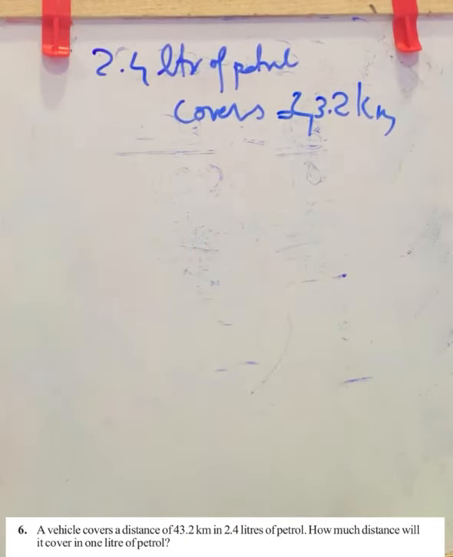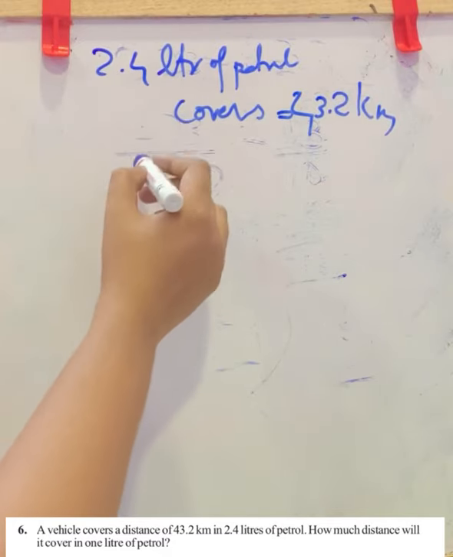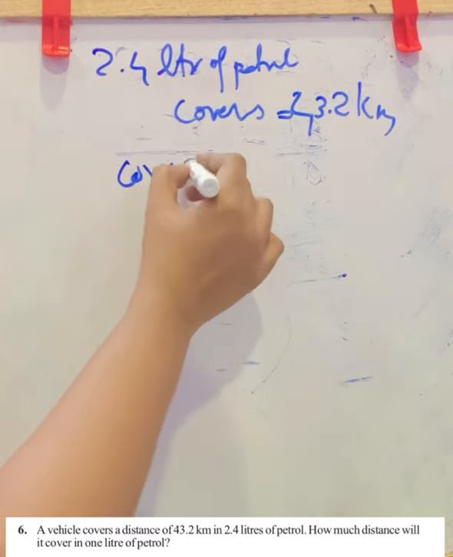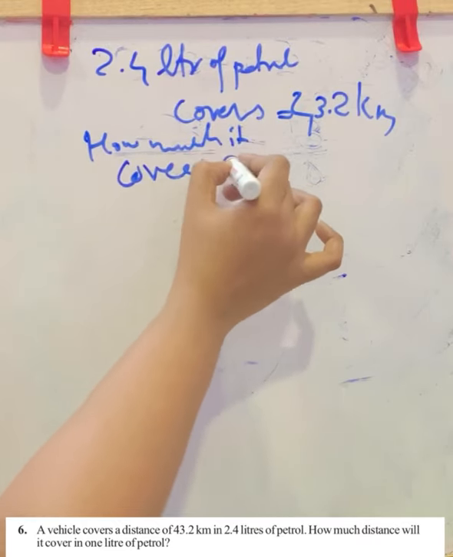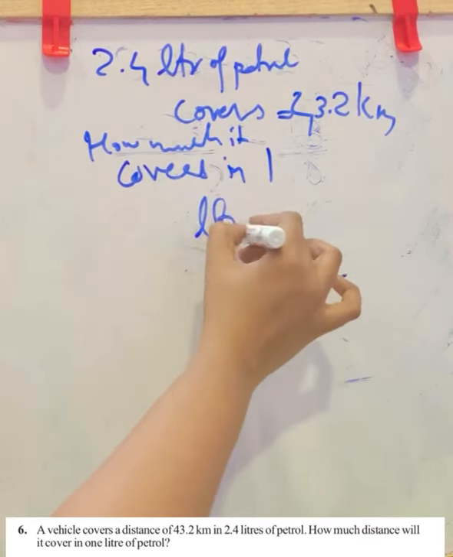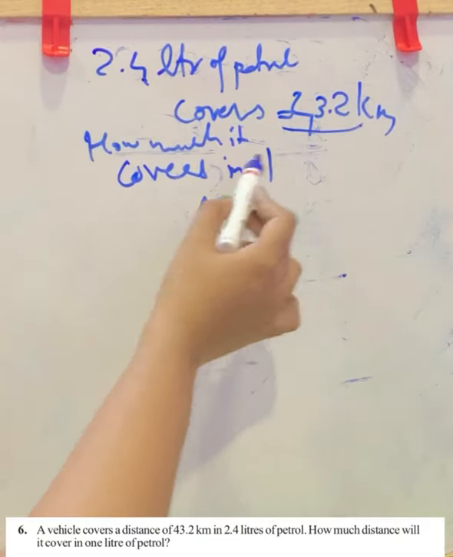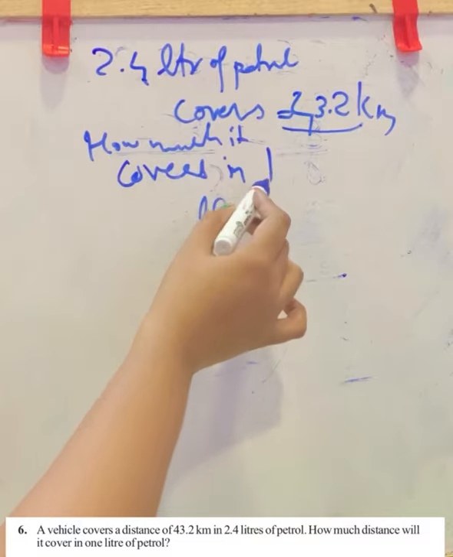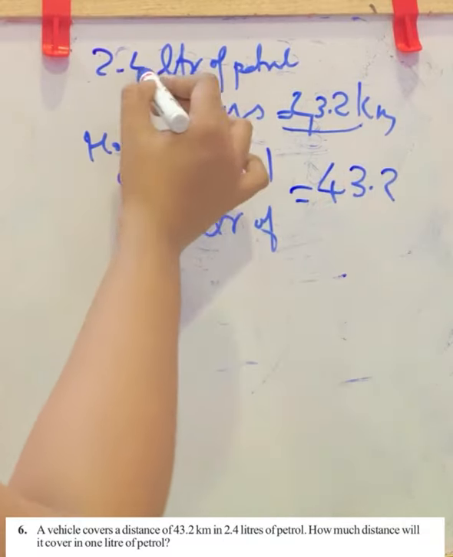How much distance will it cover in 1 liter of petrol? We want to know how much it covers in 1 liter of petrol. In this much petrol, it will cover this distance. So, how much will it cover in 1 liter means you want to divide this distance by the given liters.